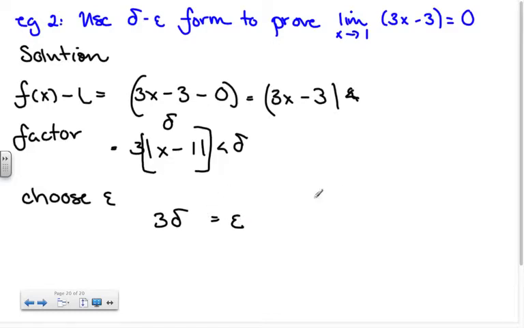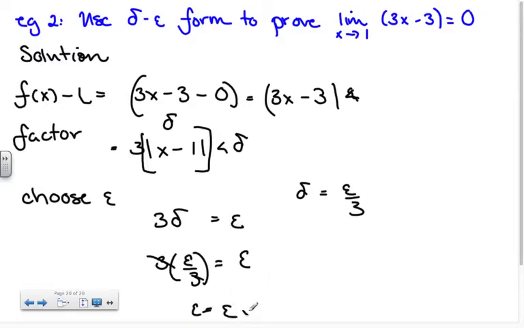By making delta into epsilon divided by 3. So this becomes 3 times epsilon over 3 equals epsilon. That kills that. So I get epsilon equals epsilon, and this is a check, and this is a proof. It's kind of a circular proof, so to speak, but it helps us to define what a limit is.